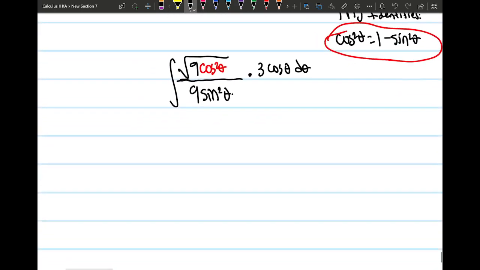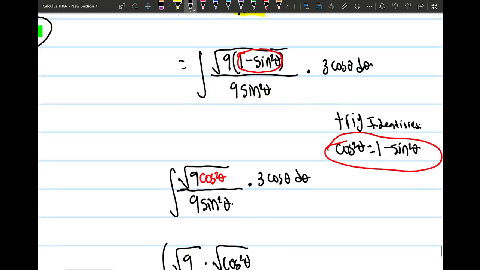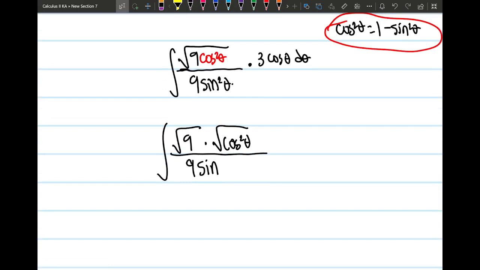And obviously, because there's a 9 times cosine squared theta, we can separate those two as two different radicals. So this becomes the integral of the square root of 9 times the square root of cosine squared theta over 9 sine squared theta times 3 cosine theta d theta.